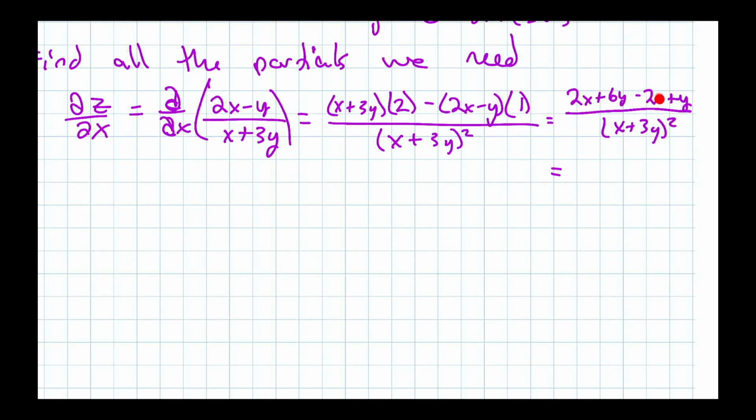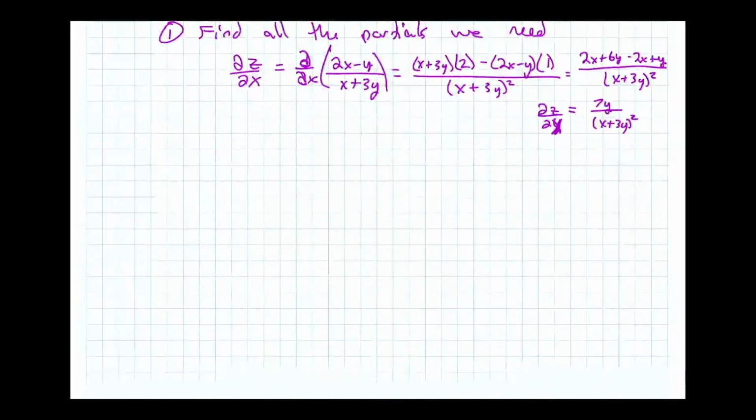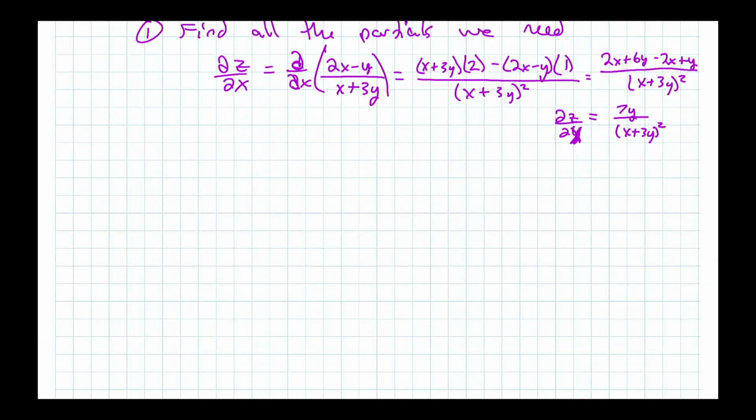The 2x minus 2x is 0. 6y plus y is 7y. So it looks like 7y over x plus 3y quantity squared. So that's partial z with respect to x. Okay, let's do the same sort of thing for y. We're going to need that one as well.